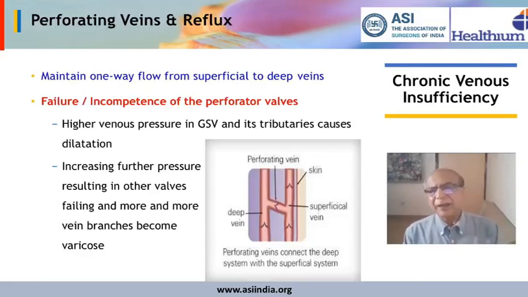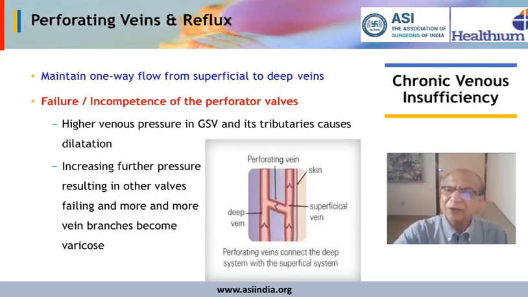The same thing is shown here. As you know, the veins have valves. There is another structure that connects the superficial vein to the deep vein, and this structure is known as a perforating vein. Most perforating veins perforate the deep fascia, perforate the muscle, and take the blood from the superficial vein into the deep vein.